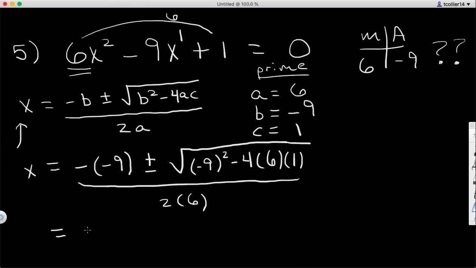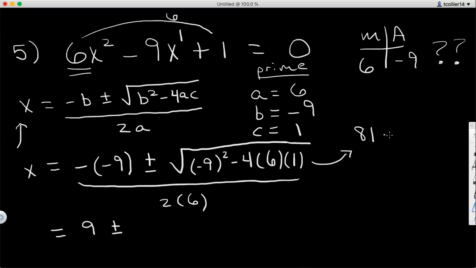All right, so I plug all my numbers in, and now I can start simplifying. The negatives are going to cancel out, leaving me a +9. Bring down the plus or minus. And over in here inside of the radical, I can simplify this a little bit, right? So I know that -9 times -9 is going to give me 81.